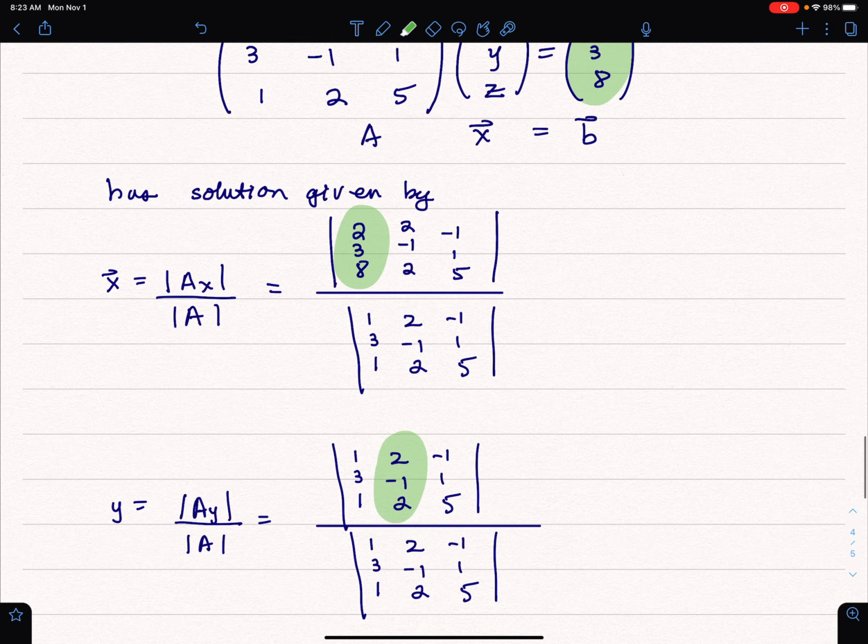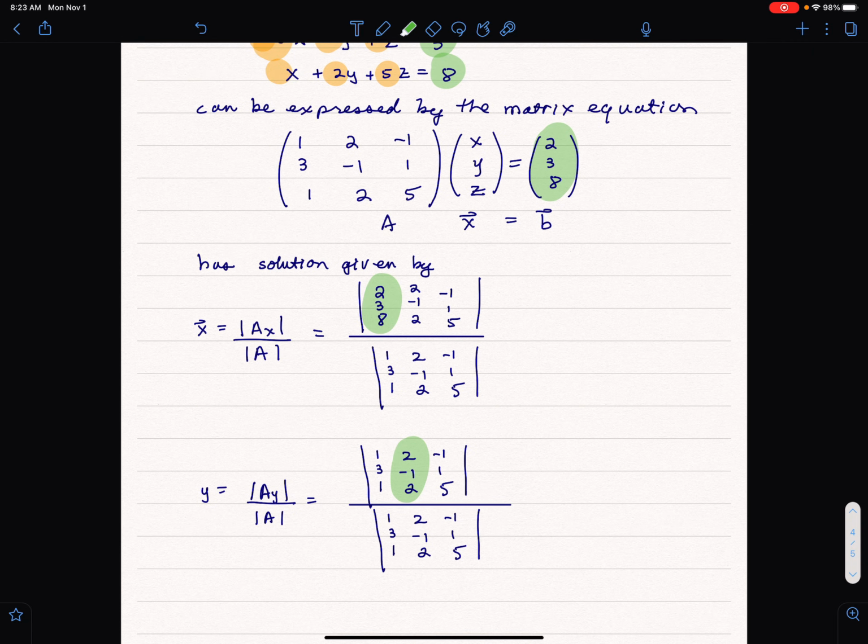Since I'm solving for y, I replace it by B. So I'll put in 2, 3, 8 there. That's going to give the solution for y.